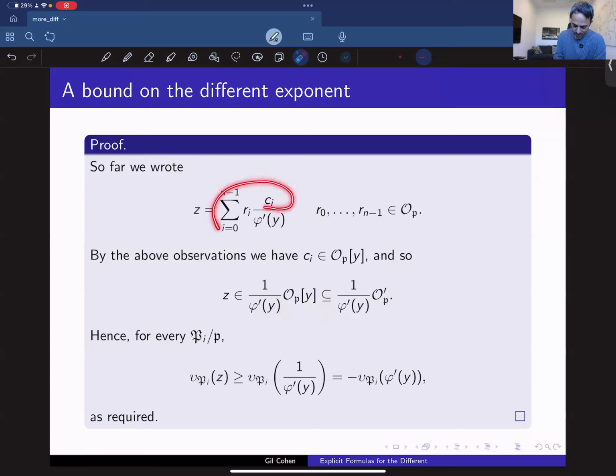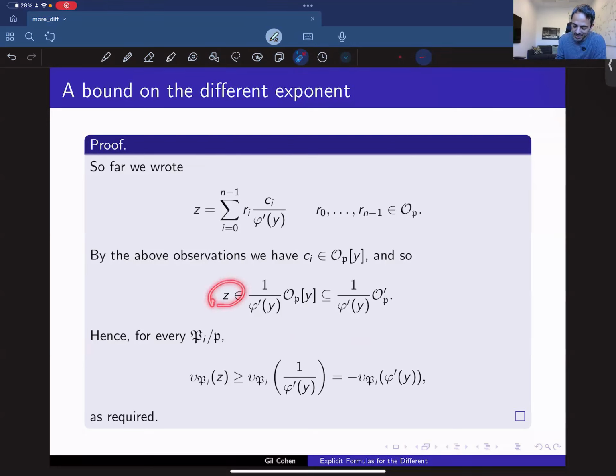So the whole sum here, except for this, which I took outside, is in OPY. And OPY, because y is integral over OP, is certainly a subring of this integral closure. So you get this inclusion.